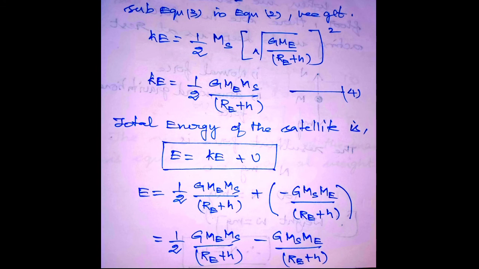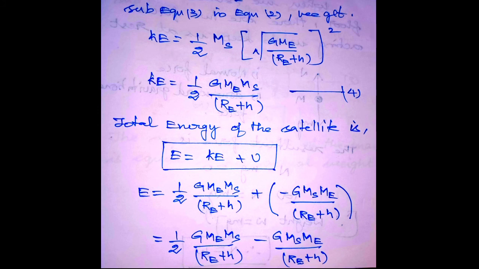Now the square and the root cancel. Therefore the kinetic energy equals half of G Me into Ms divided by Re plus h. This is equation number 4, which represents the kinetic energy of the satellite above the earth surface.